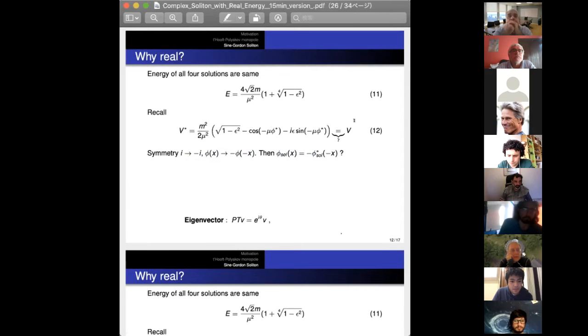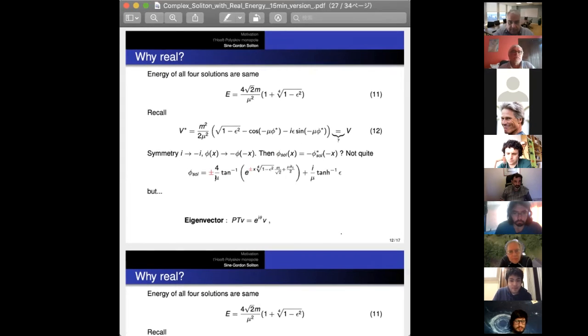So this is equal to V. So that means V conjugate is equal to V. So that means energy is real. And this is reminiscent of how I explained at the beginning that individual eigenvectors needed to be PT symmetric. Here it's like saying individual soliton solutions need to be PT symmetric.